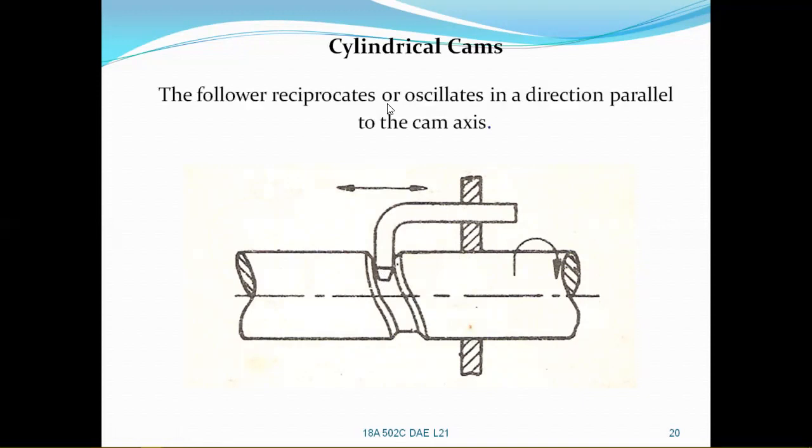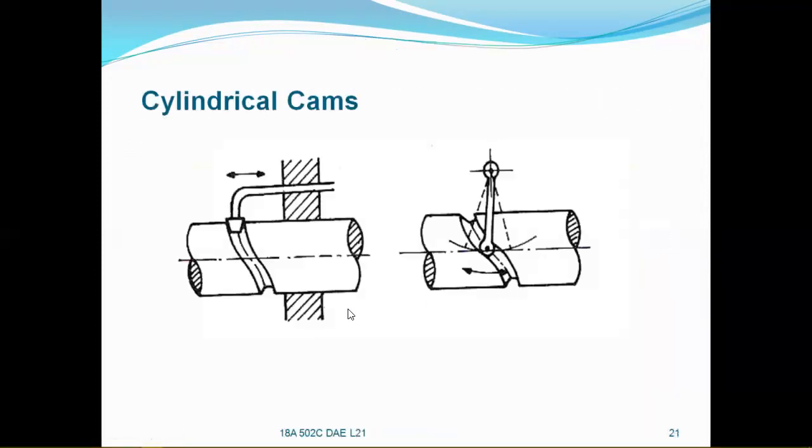The follower reciprocates or oscillates in a direction parallel to the axis. In this figure, as it is rotating about its own axis, due to the shape of the cam groove, the follower has a reciprocating motion parallel to the axis. And as per the rotation of this cylindrical cam, the follower can also have an oscillating motion.